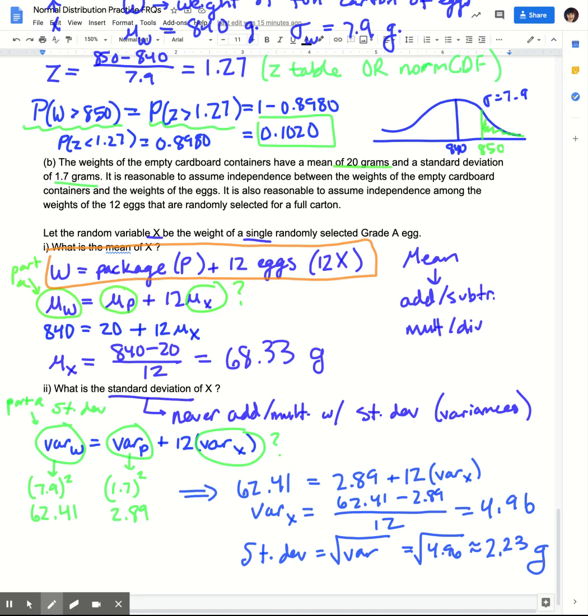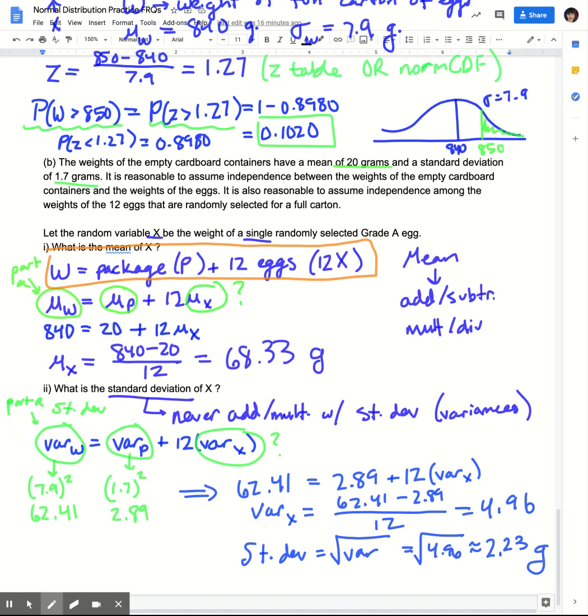So the key thing for this one is we had to write an equation for what actually made up a carton of eggs. It was made up of the packaging and the individual eggs. Since there's some variation in both the weight of the packaging and the weight of the individual eggs, you have to use both of those elements in order to figure out what the mean and standard deviation would be of just one egg.